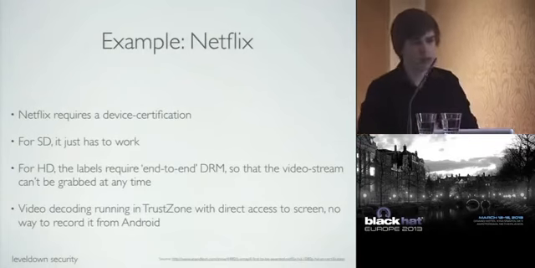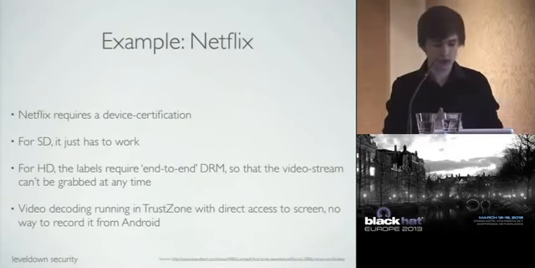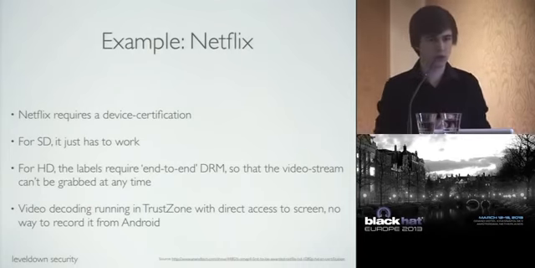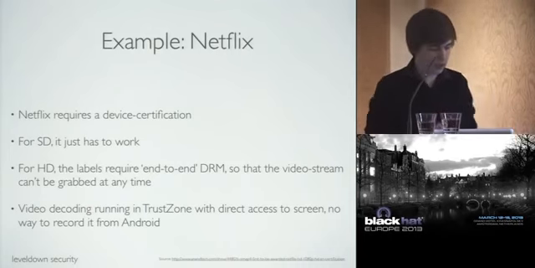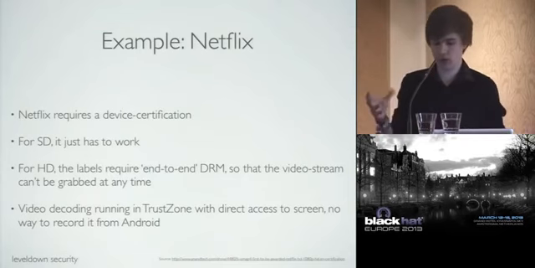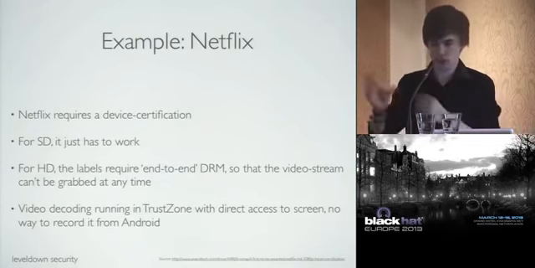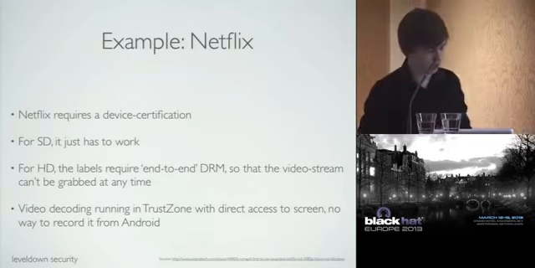A concrete example, Netflix is an American streaming service. I think in Europe it's almost not used or even not available. And Netflix requires device certification. So if you have a mobile phone or you build a mobile phone and want to show Netflix on it, you need to ask Netflix for certification.